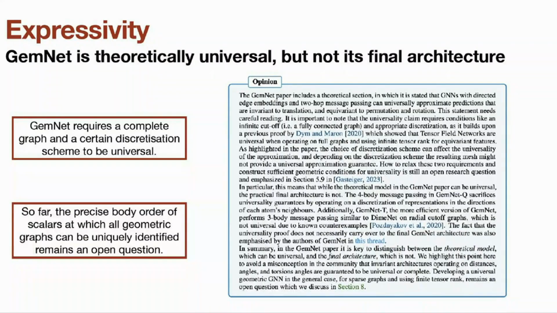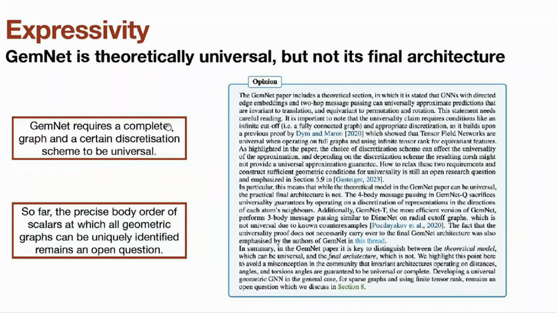Theoretically, there are analyses saying that with GemNet, if you consider every four bodies, then it is theoretically universal, that for any possible 3D graphs, you could tell the difference with these operations, but it's still not perfect. Again, in this theoretical analysis of universality or expressibility, it assumes a complete graph.